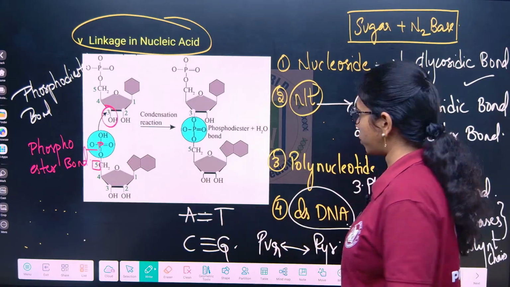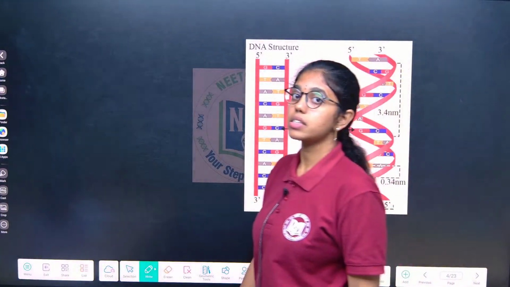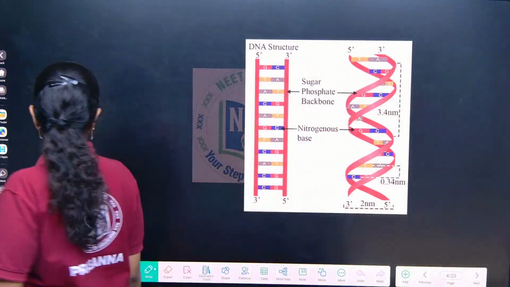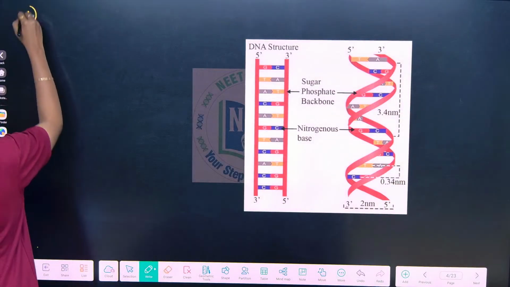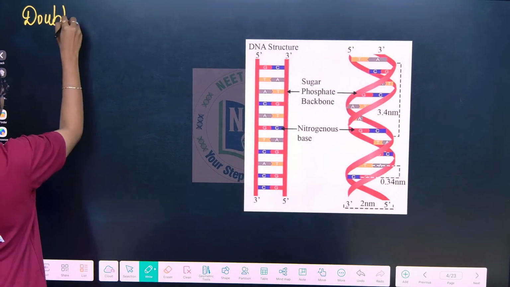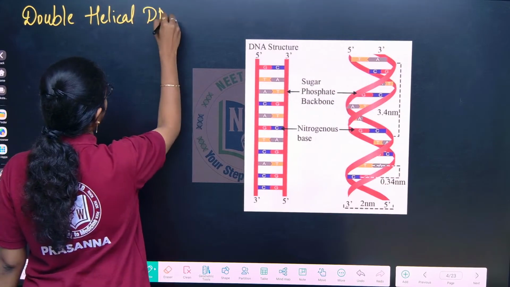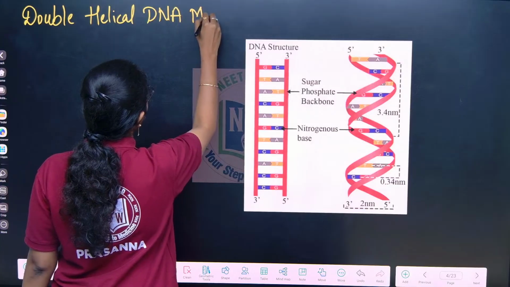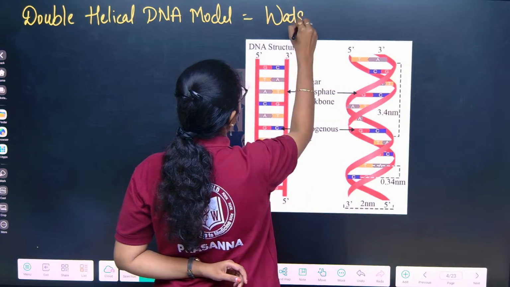Now we will look into the Watson and Crick's model of DNA. Okay. Double helical model proposed by Watson and Crick.